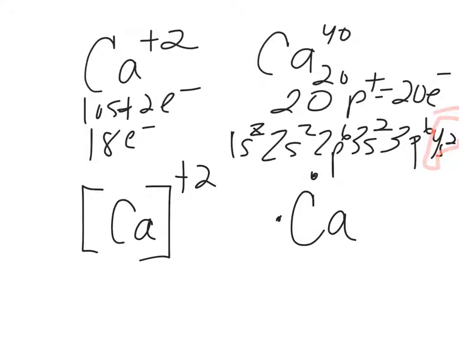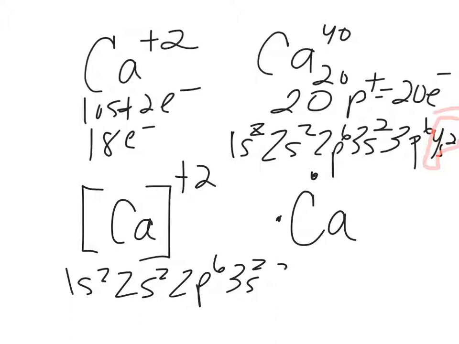So sometimes it might be useful to write the electron configuration for the ion showing that empty energy level. So 1s2, 2s2, 2p6, 3s2, 3p6, 4s0. So that's showing for this calcium ion that we've taken out those last electrons and now have our new Lewis dot symbol for calcium +2.